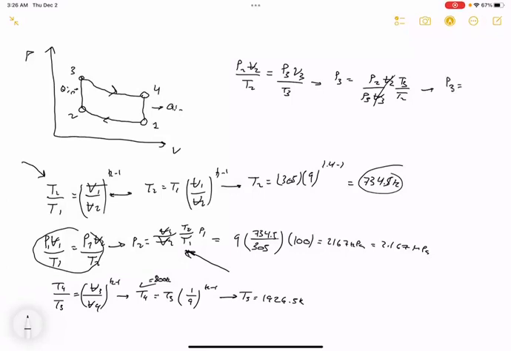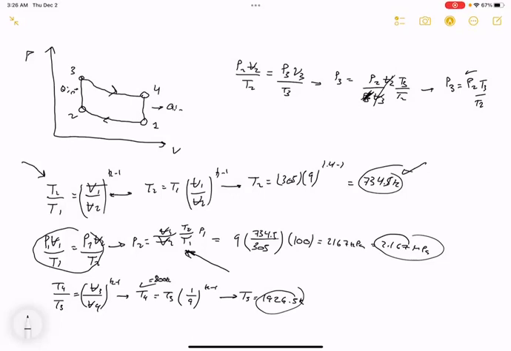We're left with P3 equals P2 times T3 over T2. Now P2 is known, we found it over here. T3 we found over here, and T2 we found earlier on.